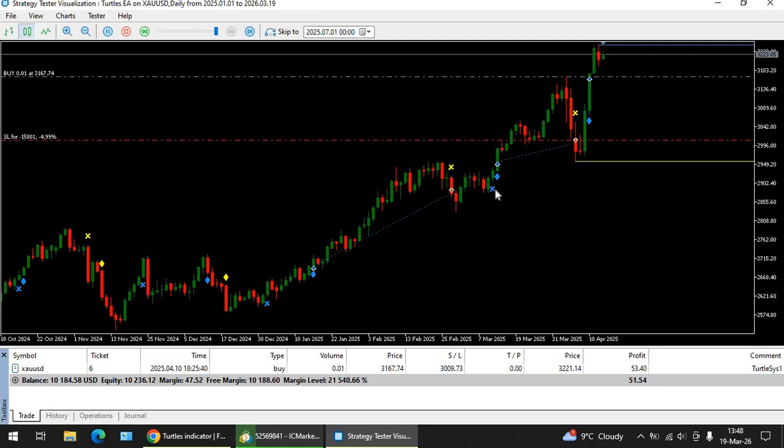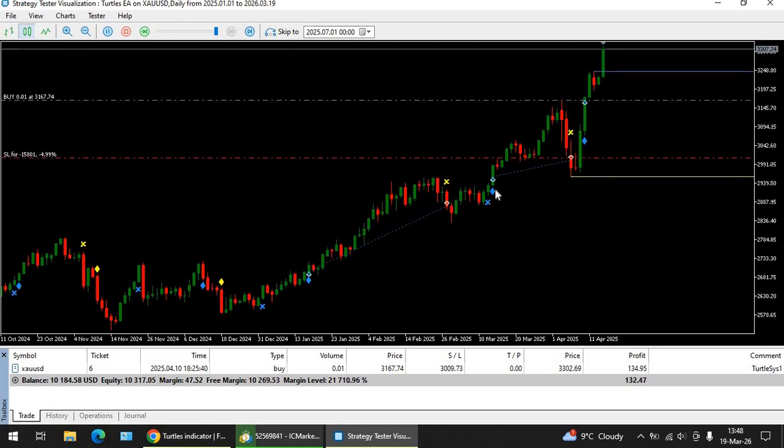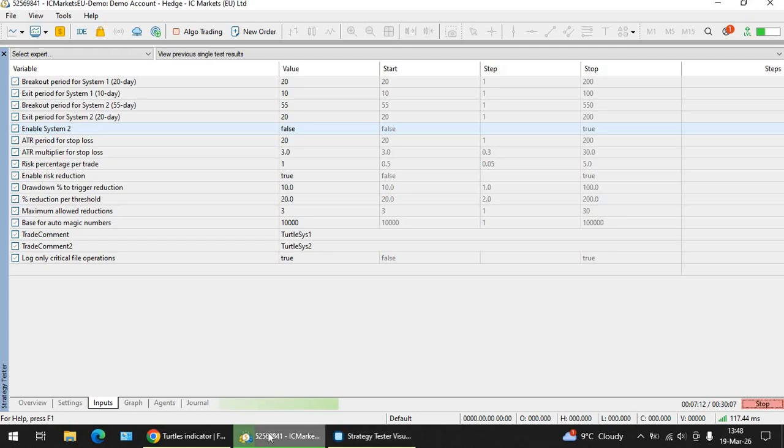And referring to the length of the breakout period and exit period, you can use multiples like 2, 3, 4, 5 and so on. So you will have a system instead of 20/10 multiplied by 2, 40/20, by 3, 60/30, 80/40, 150, so you don't have to guess.